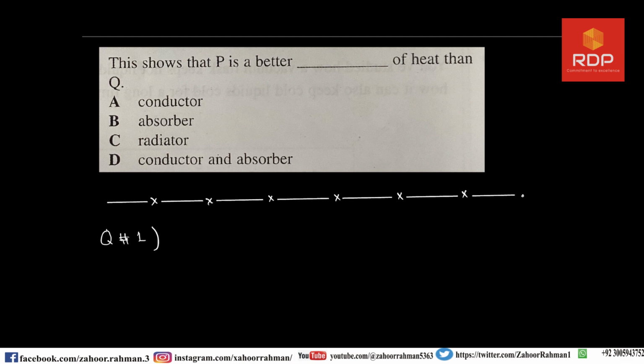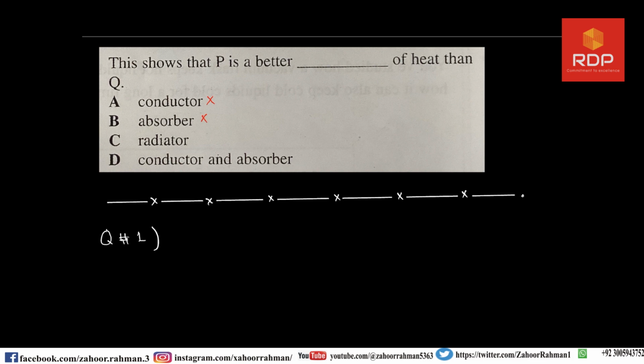So let us observe the options and we will discuss these in detail. So we are saying that this shows that P is a better... No, it doesn't make any sense. This is not the correct option. Absorber, no, it is also not.